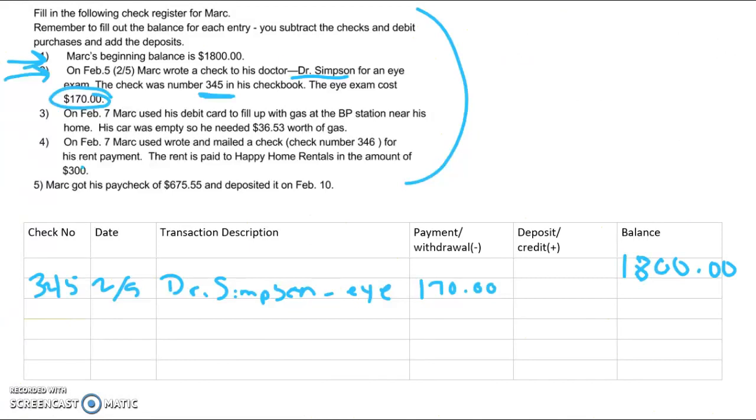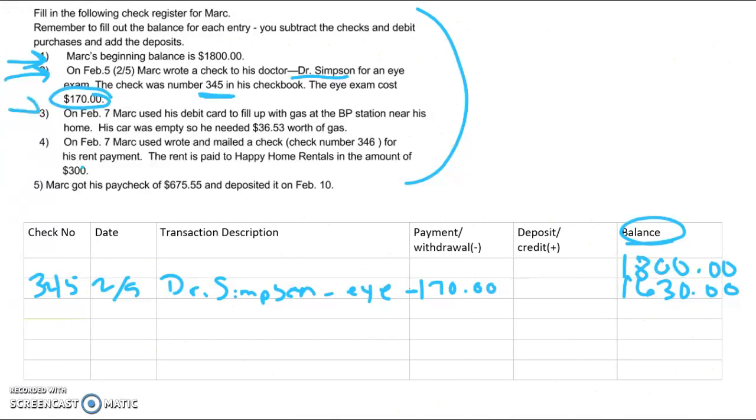So you want to take your calculator and say $1,800 minus $170. That will leave us $1,630. We always want to put our balance over here after we've taken out our payments and added our deposits.